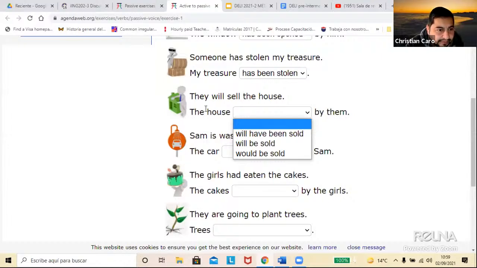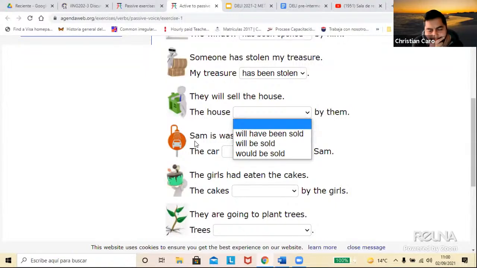Entonces, la Valentina dice, the house will be sold by them. El Derek dice, will be sold. La Fran dice, I agree. All right, very good. Me gusta eso, respuestas como metralleta. No importa si se equivocan, para eso nos corregimos, ¿no?